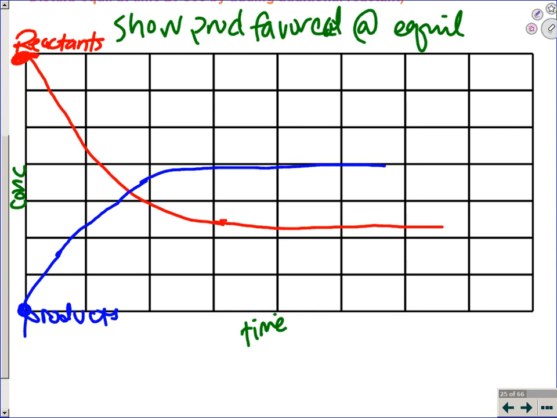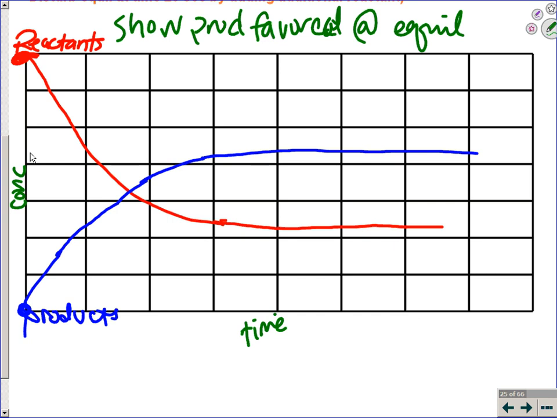I may have leveled off too soon. Hold on. Okay, looks good. So in the end, I can tell when equilibrium has been met because I'm looking on the graph for one key point. Where does it show the reactant and product concentrations are no longer changing?